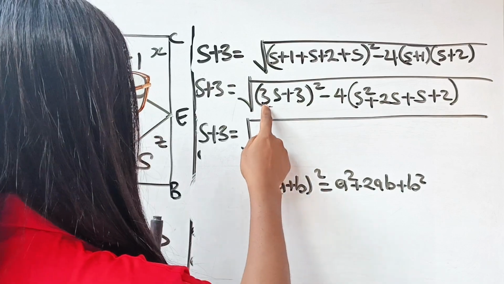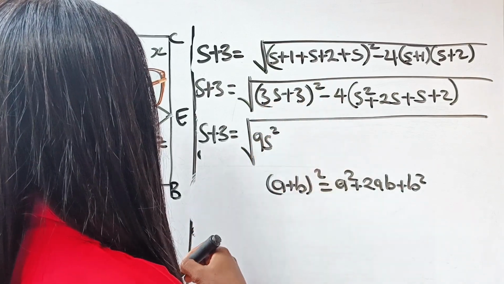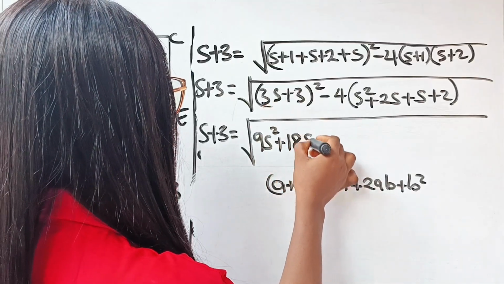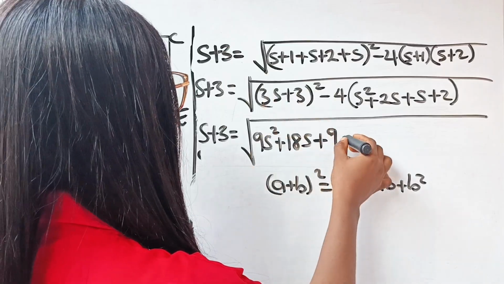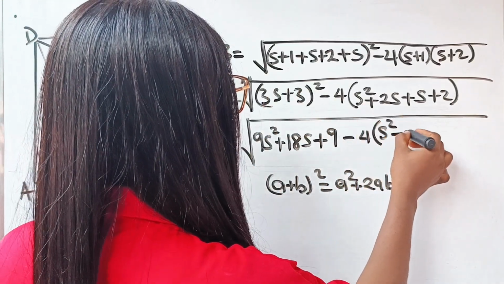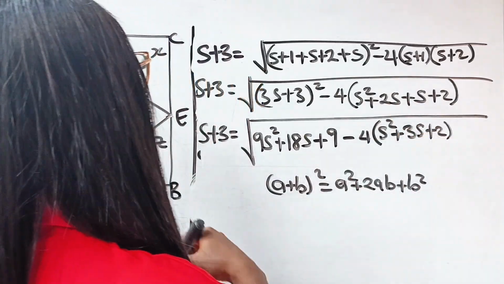Okay, so this means that this will be 3s squared, which will give us 9s squared, plus 2 times 3s times 3, which is 18s, right? Plus 3 squared, which is 9. So this is what we have here. Minus 4 brackets, this is s squared, plus 2s plus s is 3s plus 2.